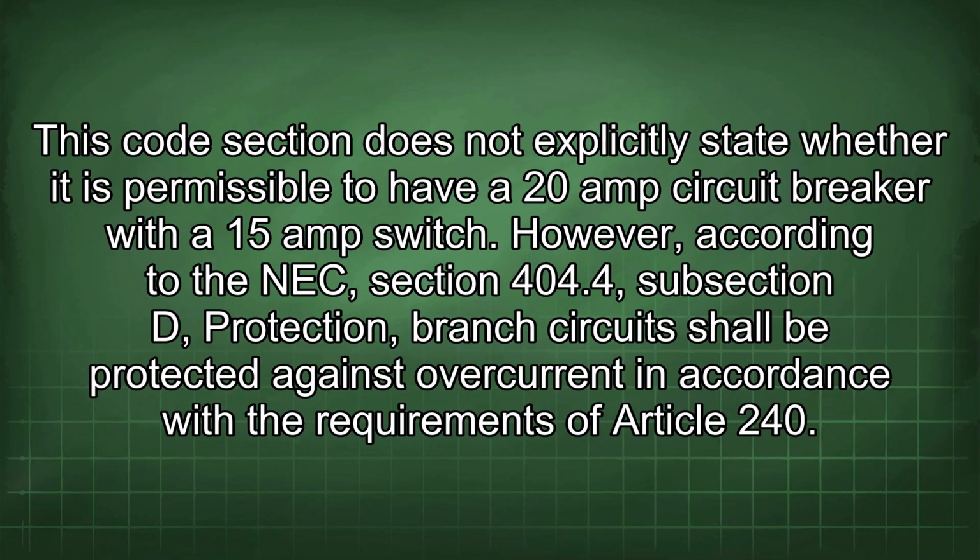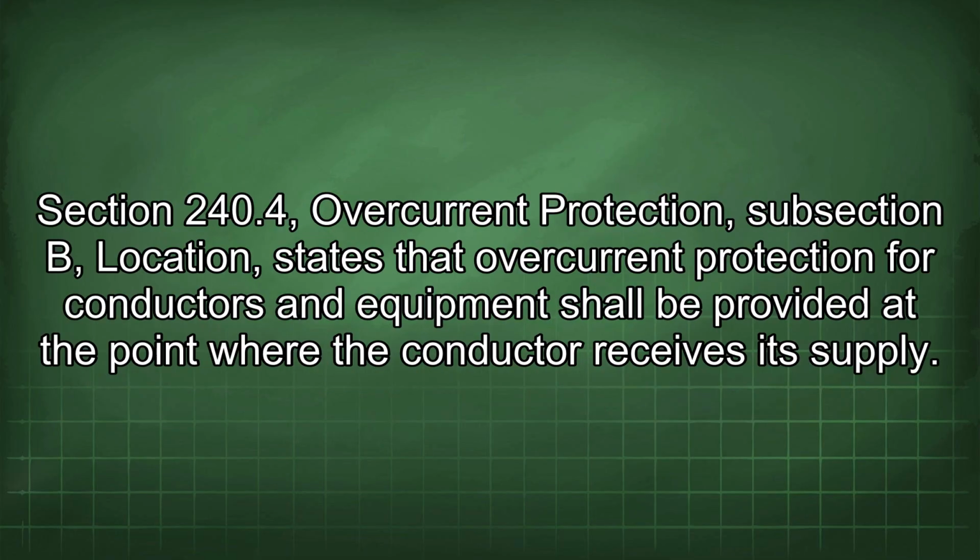15 amp switch. However, according to the NEC, Section 404.4, subsection D, protection, branch circuit shall be protected against overcurrent in accordance with the requirements of Article 240. Section 240.4, overcurrent protection, subsection B, location, states that overcurrent protection for conductors and equipment shall be provided at the point where the conductor receives its supply.